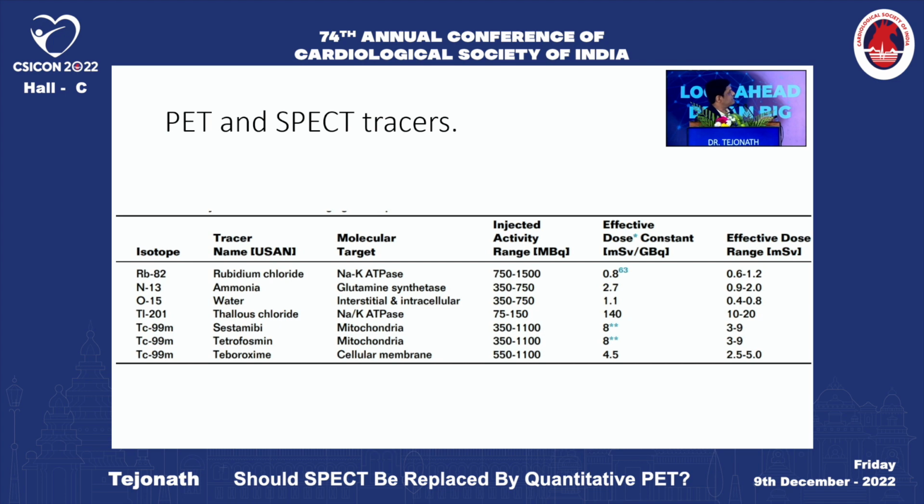Coming to the PET tracers, rubidium-82, N13 ammonia, and O15 water are all used for PET myocardial perfusion. And the PET tracers have significantly lesser radiation exposure as compared to SPECT.